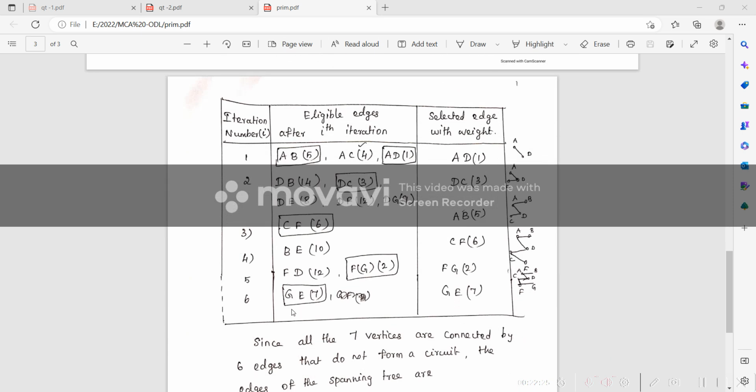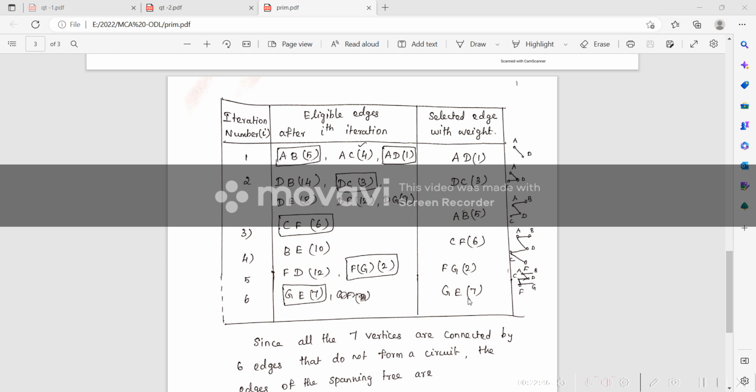So the only thing is GE. Okay, so the edges we have to consider now are DB, DE, DF, DG, BE, FD and GE. So among that the minimum weight will be GE.